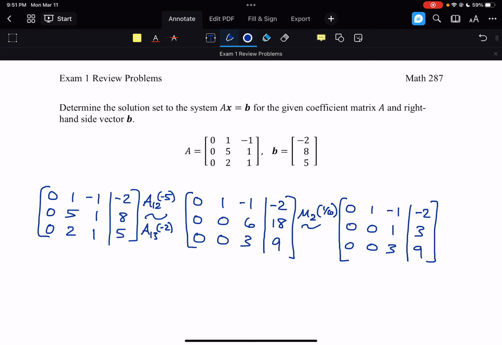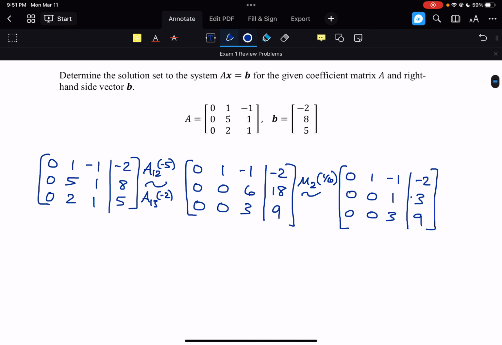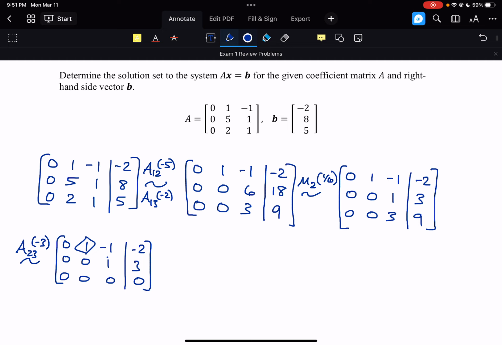And now I can use that second row to get rid of the third one by using that addition operator. So add the second to the third row times -3. So we get 0, 0, 0, and 0. So we have a row of all zeros down at the bottom, and we have our two pivots.